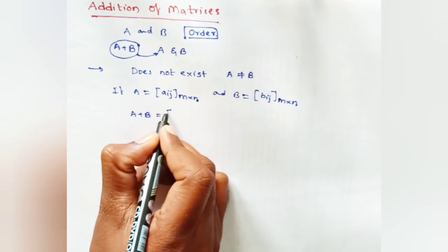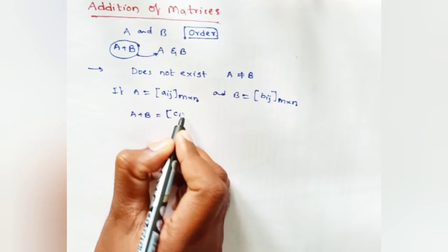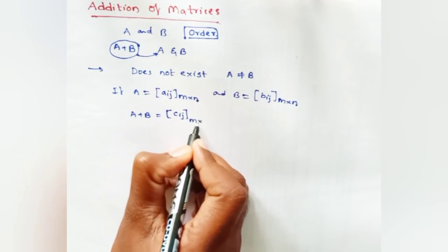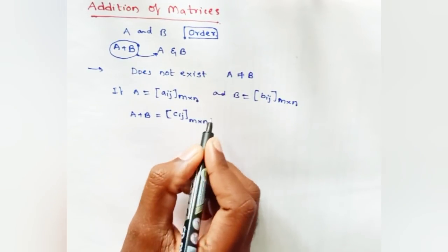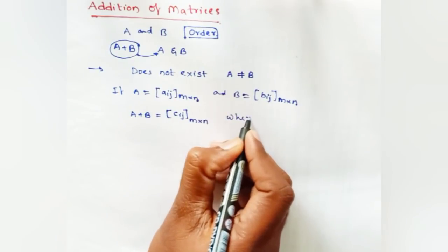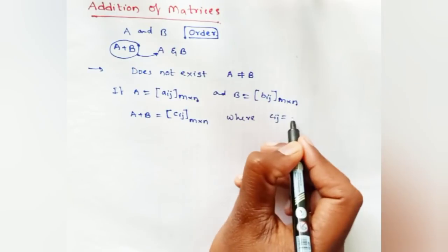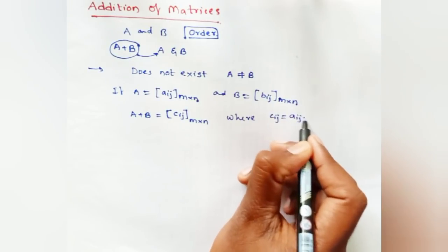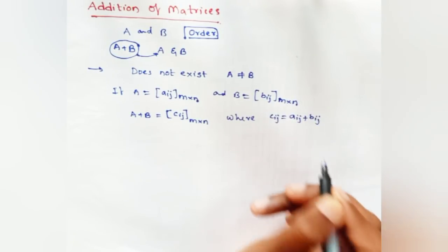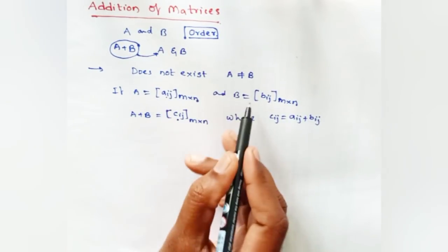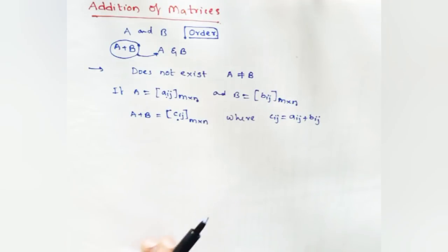Then A plus B is equal to some C, the resultant matrix of order same as A and B, where the elements Cij is equal to Aij plus Bij. Since here Cij is the sum of the corresponding elements of A and B.